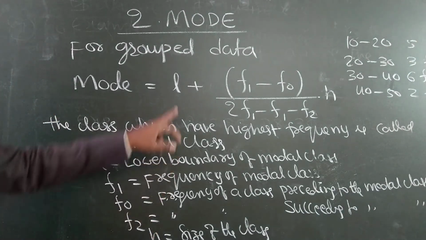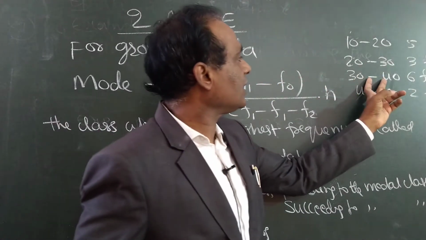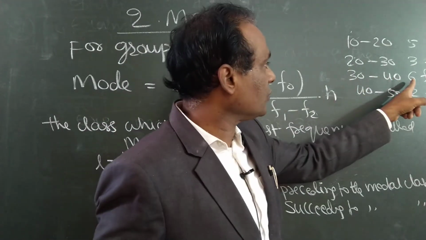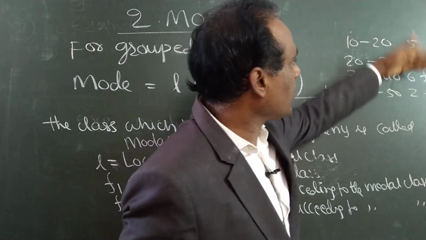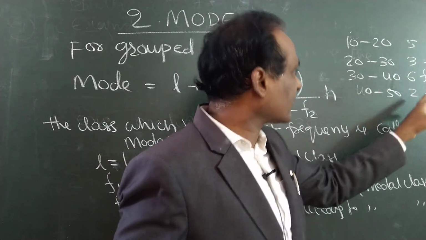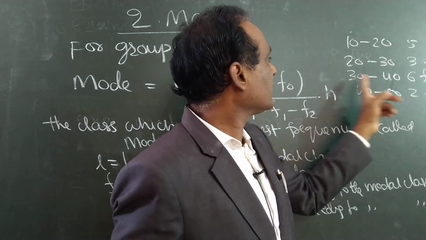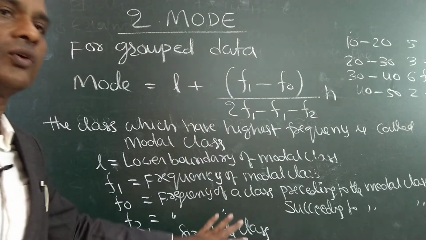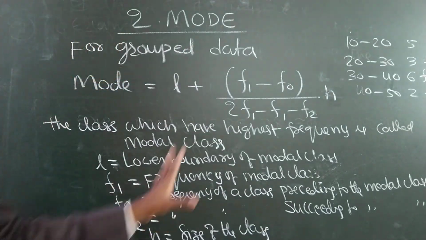So all I explained: first the highest frequency is called the modal class, take its lower boundary, that is 30. The highest frequency is F1, above it F0 (preceding), below it F2 (succeeding), and the size of the class is here 10, so H is equal to 10. Now you are familiar with this formula.